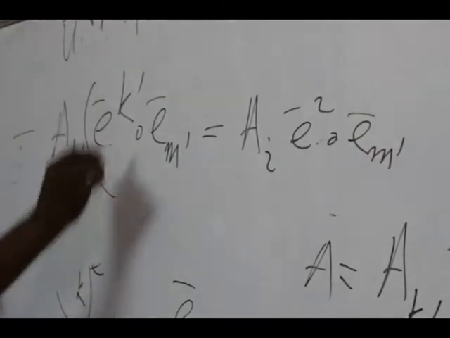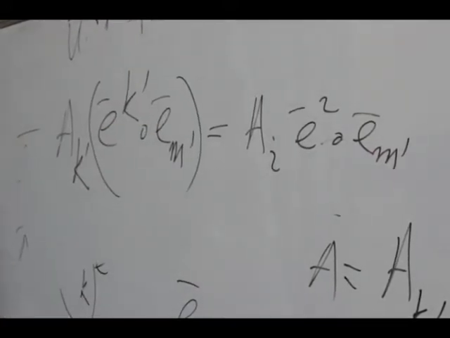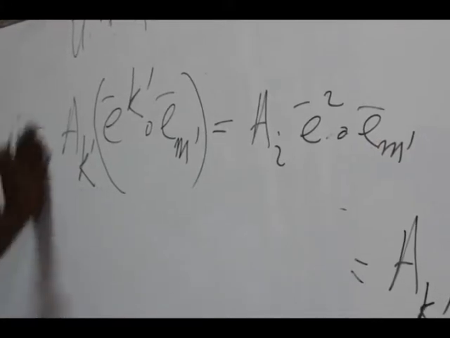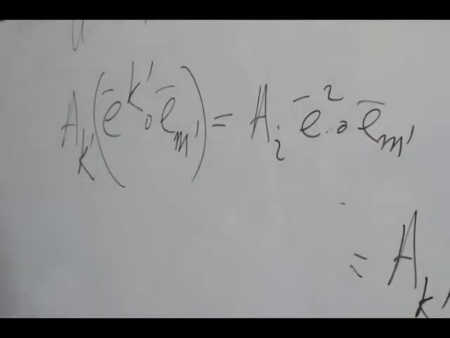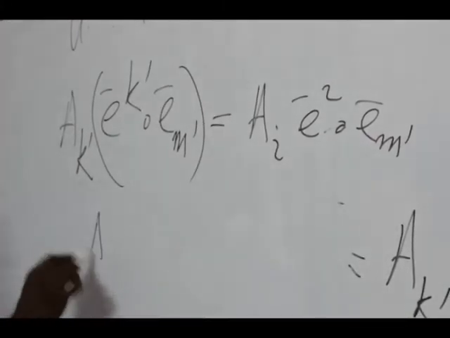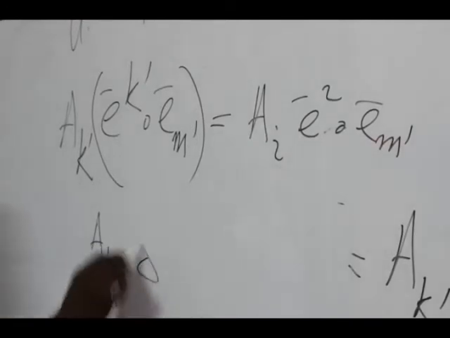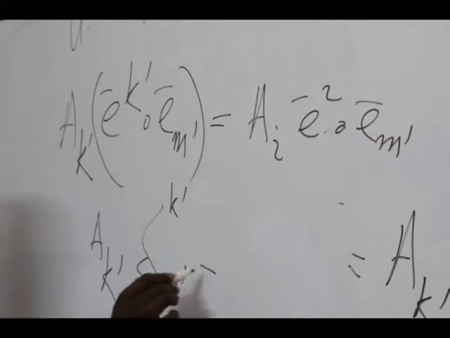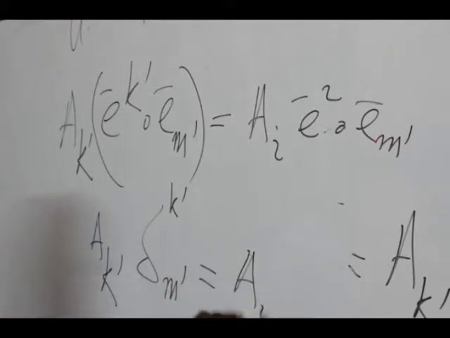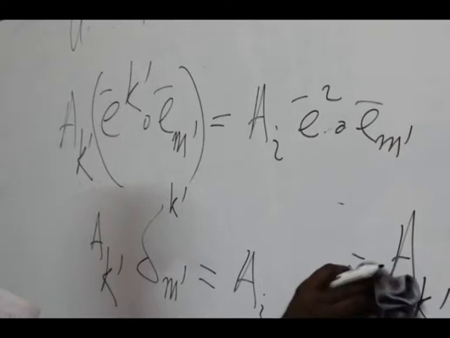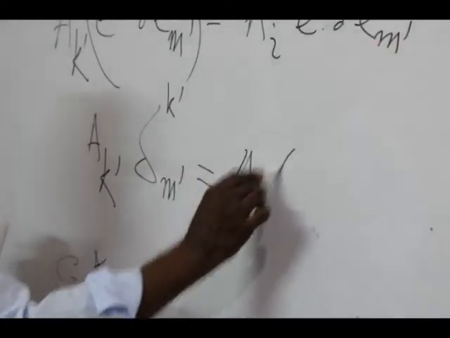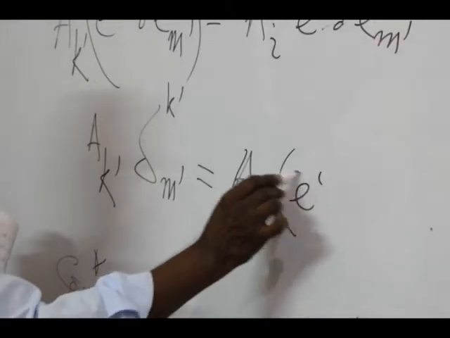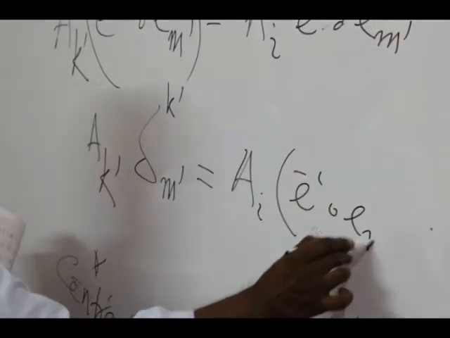This is our Kronecker delta in the primed basis, and we write AK dash delta K dash M dash equals AI EI dot EM dash.